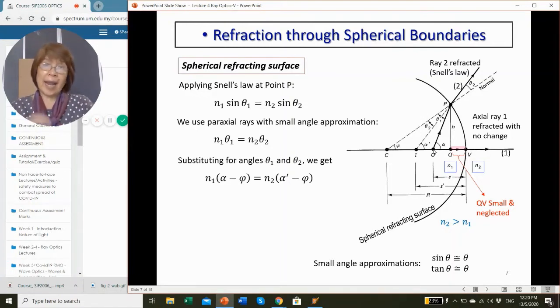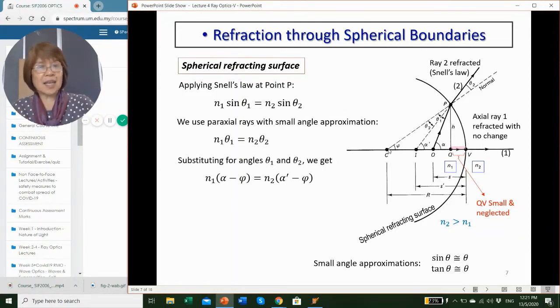So I'm going to show you what those angles are. This ray that started from the object point towards point P is inclined at an angle alpha with the optical axis. This transmitted ray, projected backwards, makes an angle alpha prime with the optical axis. And the normal, which is from the center of curvature, makes an angle phi with the optical axis.